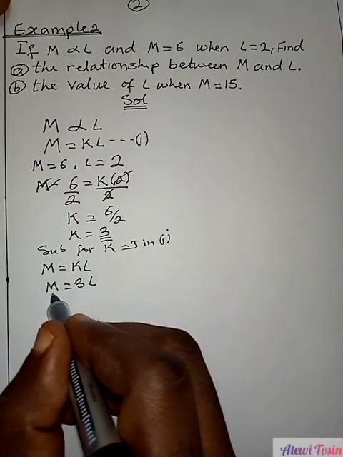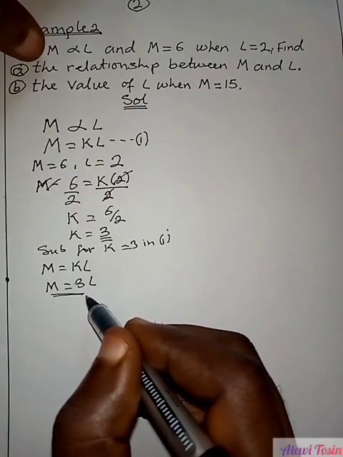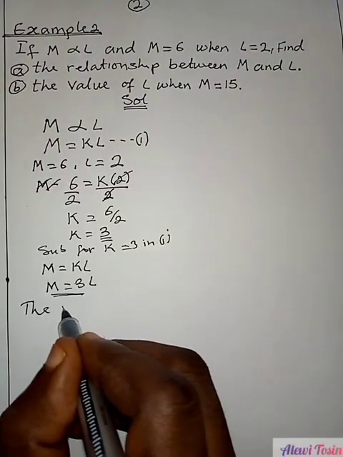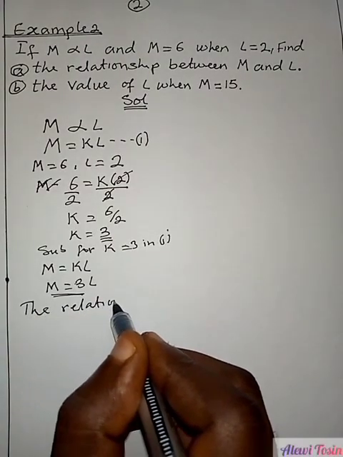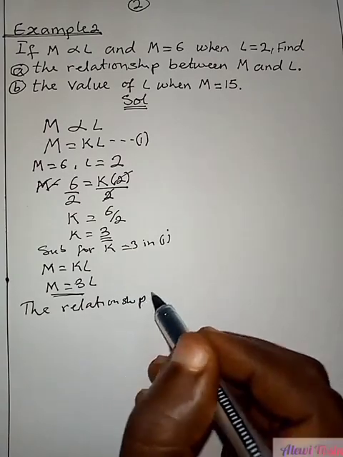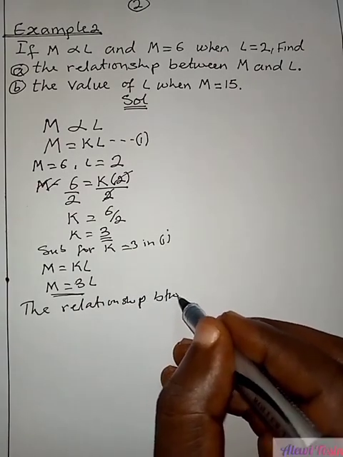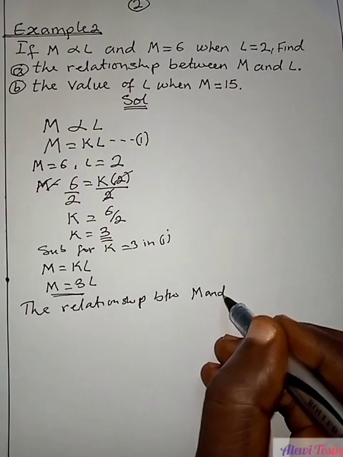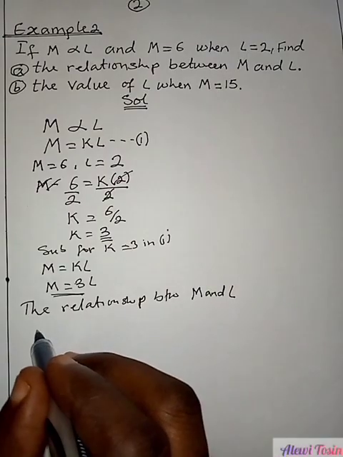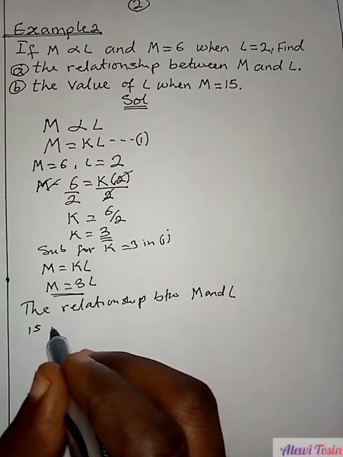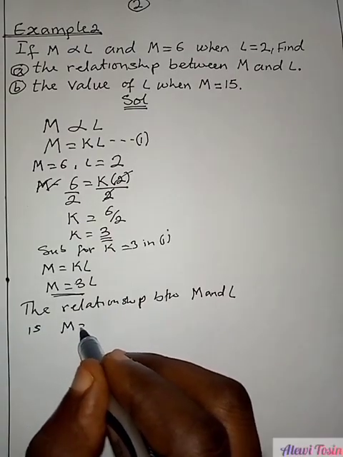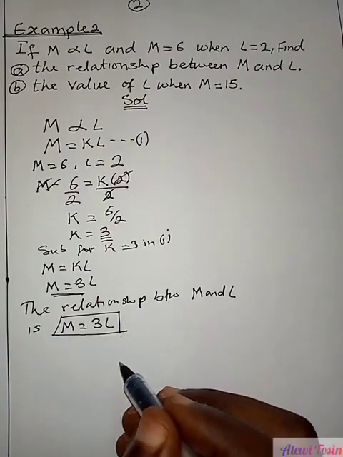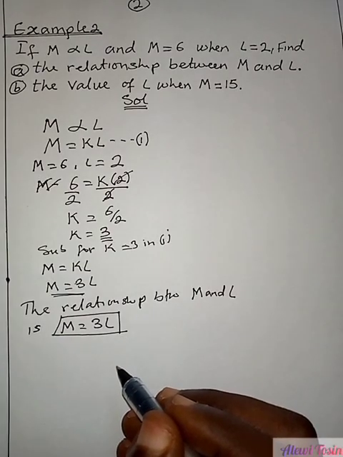So that gives us the relationship between M and L. So we say the relationship between M and L is given as M equal to 3L. So that's the relationship between M and L. That's the first question, A.